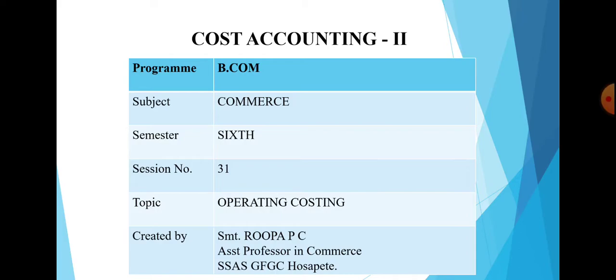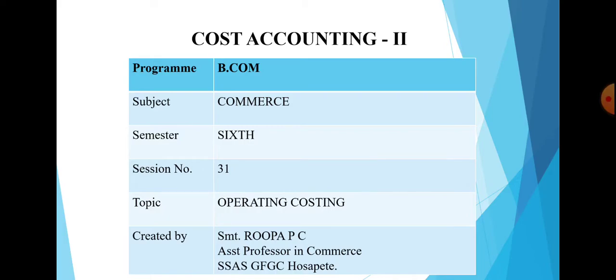In the previous sessions, we have learnt how to calculate the cost per passenger kilometer and cost per ton kilometer. The first step is to calculate the total kilometers, that is the total effective kilometers or total effective passenger kilometers or total effective ton kilometers.